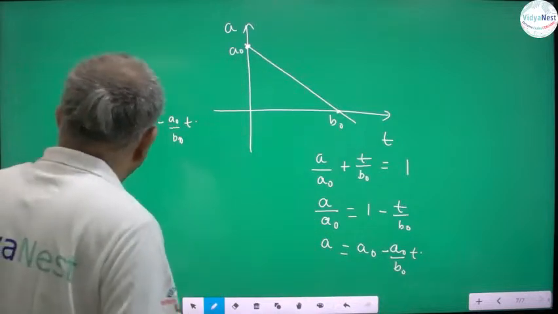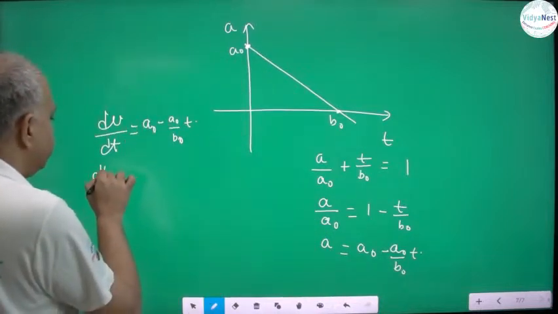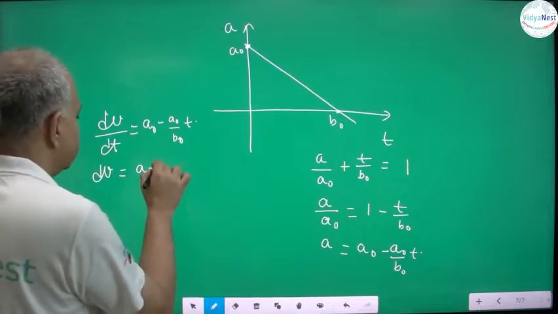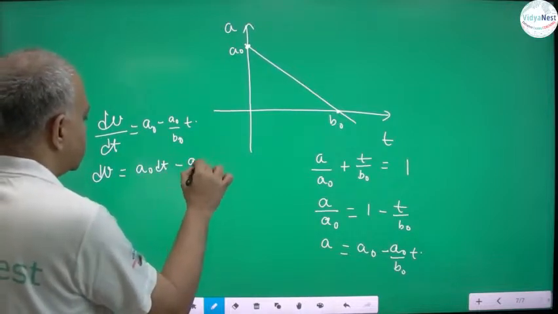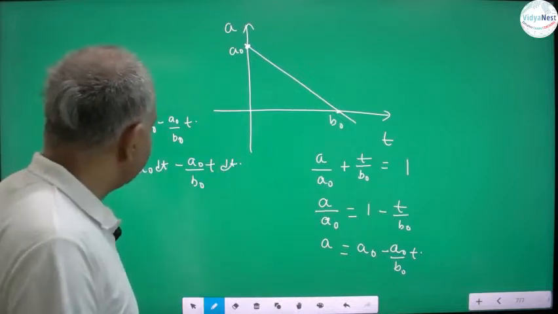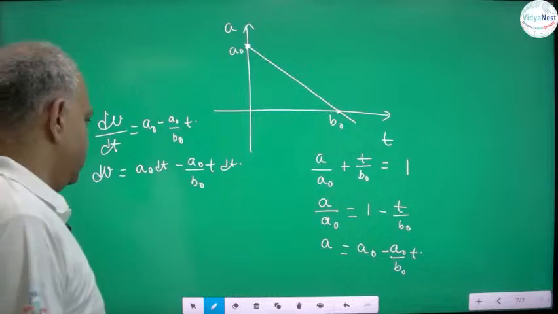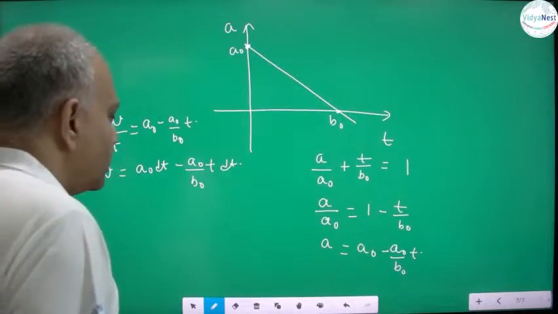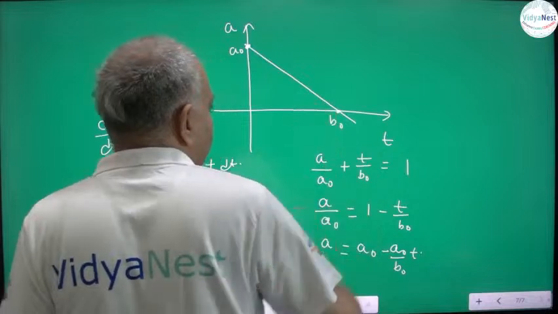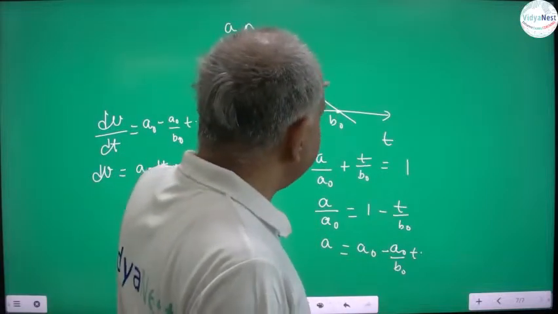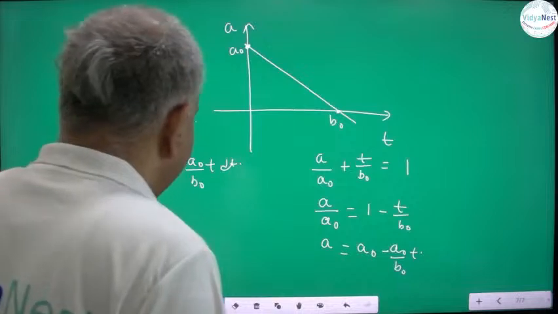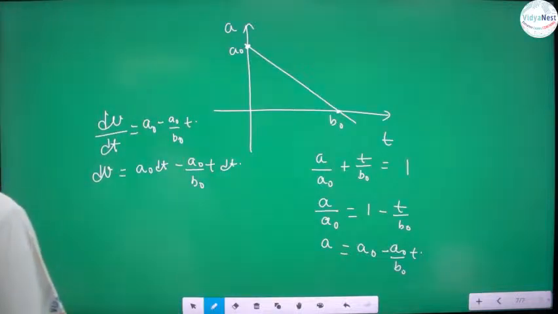So dv is equal to a naught dt minus a naught by b naught t dt. You can observe that at this point the acceleration is going to become 0.